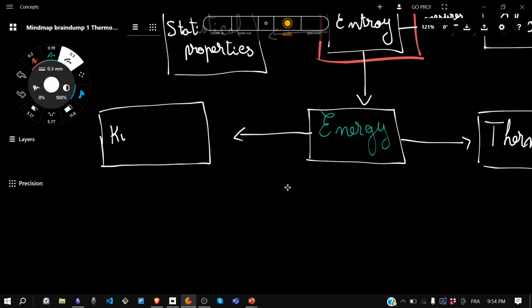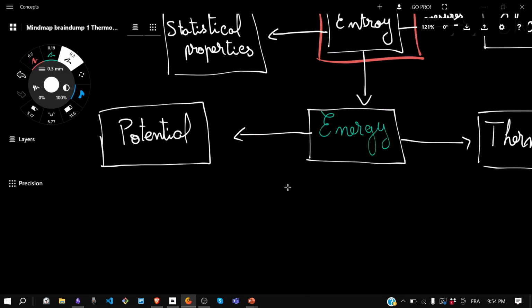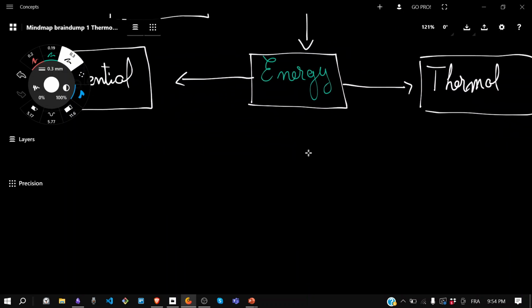And I think I'm going to put potential energy here because kinetic energy is more closely related to thermal. So potential energy. And we have kinetic.